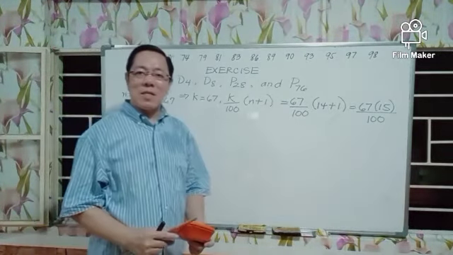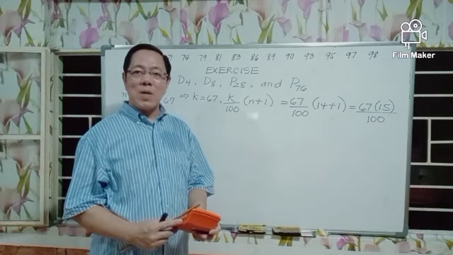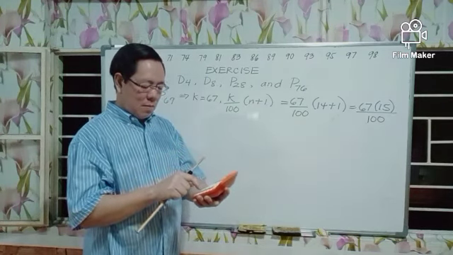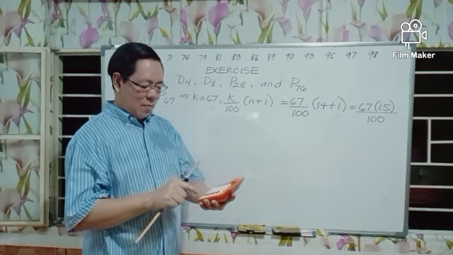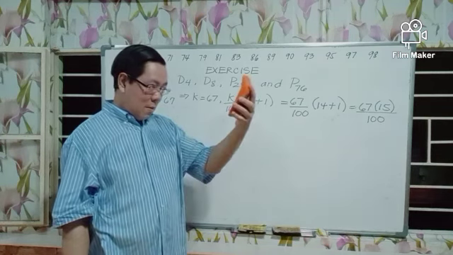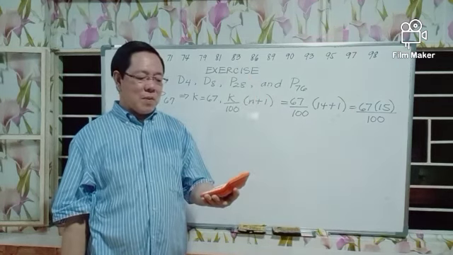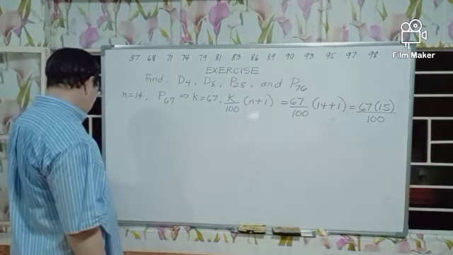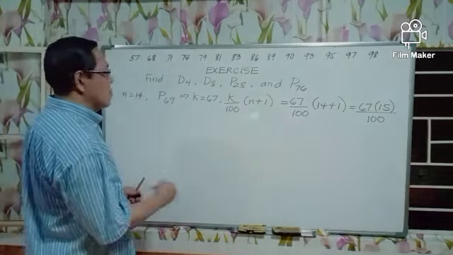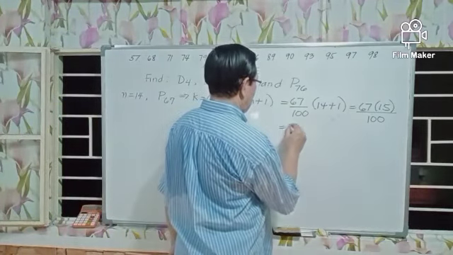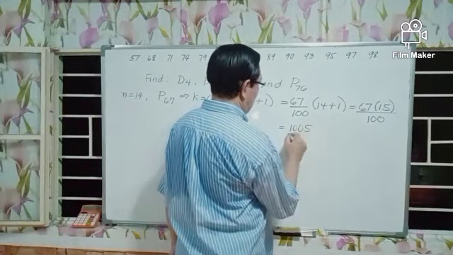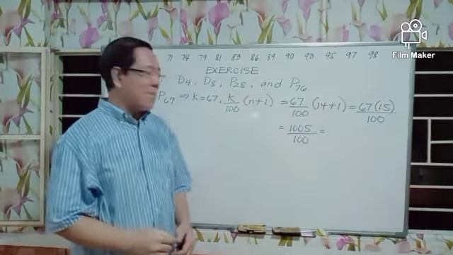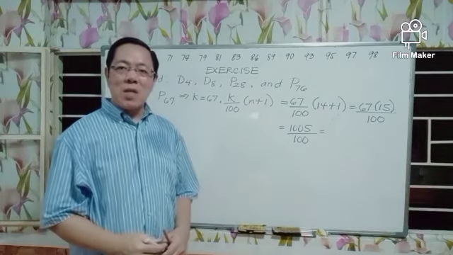And we compute 67 by 15 using our calculator. 67 multiplied by 15 is 1,005. And 1,005 divided by 100 is 10.05.